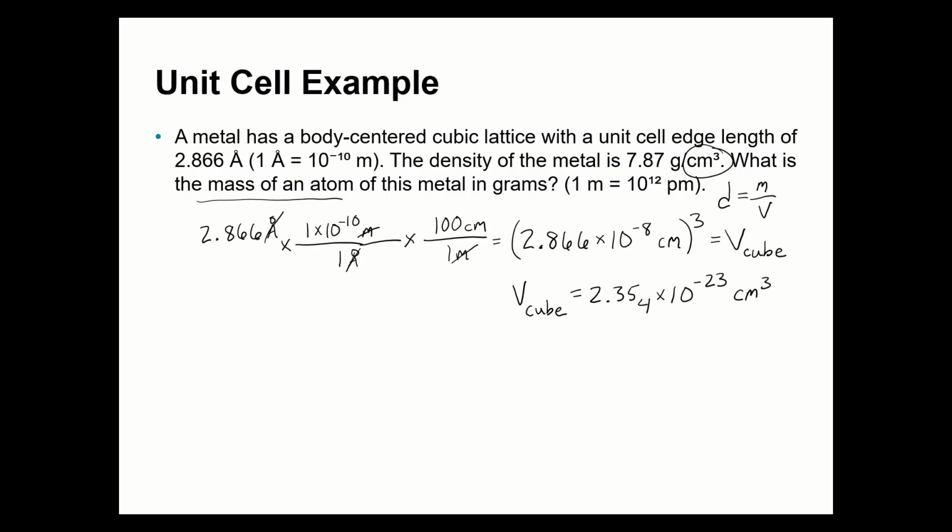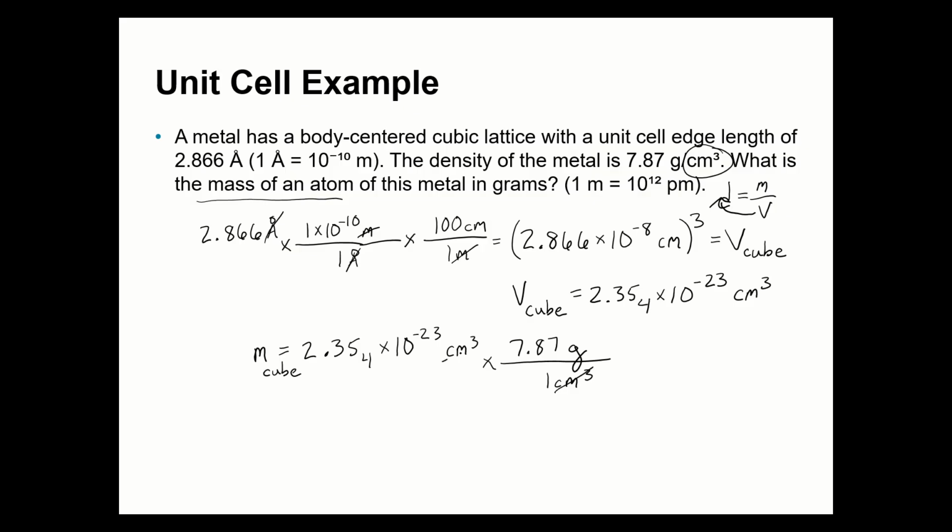All right, now if I want to find the mass of the cube, so remember, volume times the density will give you the mass. So mass is equal to the volume that we just calculated, and I'm going to write this again, mass of the cube, okay? Mass of the cube is equal to 2.354 times 10 to the negative 23rd, and then multiply that by a density of 7.87 grams per 1 centimeter cubed.